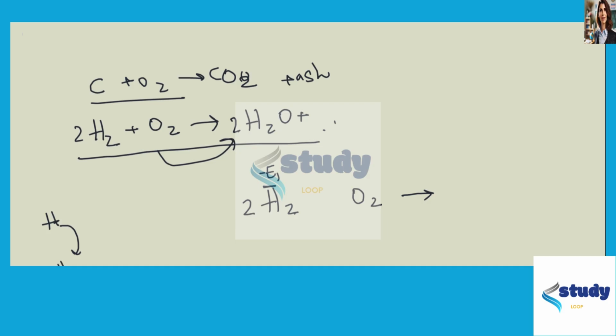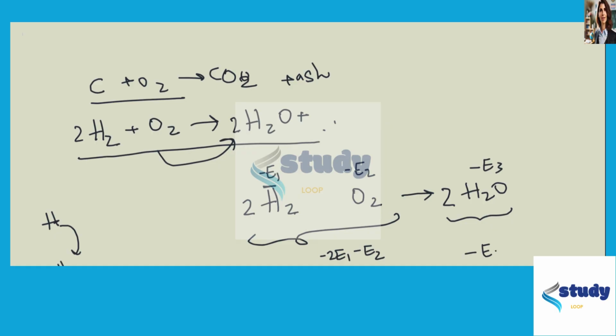That is why the binding energy is always negative. So let's say hydrogen has a binding energy of minus E1 and oxygen has a binding energy of minus E2. The total binding energy here will be minus 2E1 minus E2. But when water forms, the binding energy, let's say, will be E3, and the total binding energy of the products here will be minus E3.